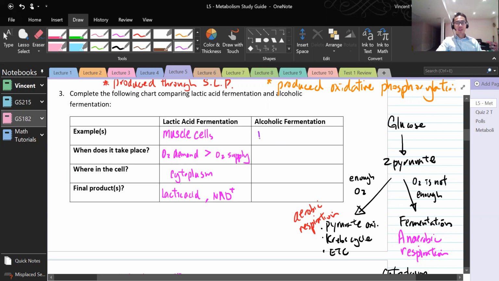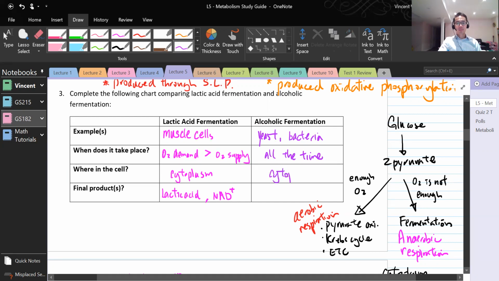Alcoholic fermentation would be things like yeast, and some bacteria. When does it take place? Pretty much all the time. They lack the machinery to do the Krebs cycle, etc. They don't have that kind of stuff, so they rely on fermentation to get their ATP. Where in the cell?